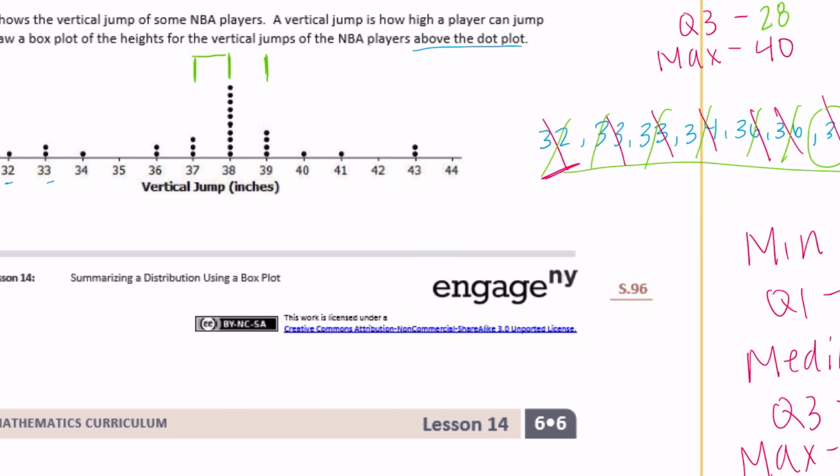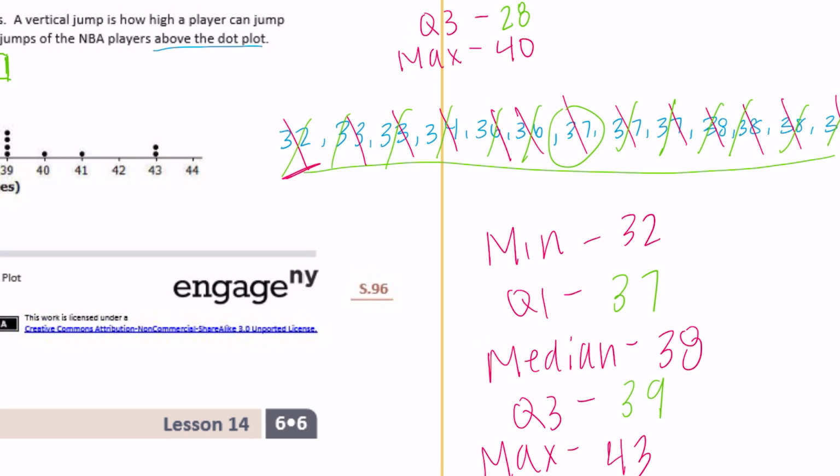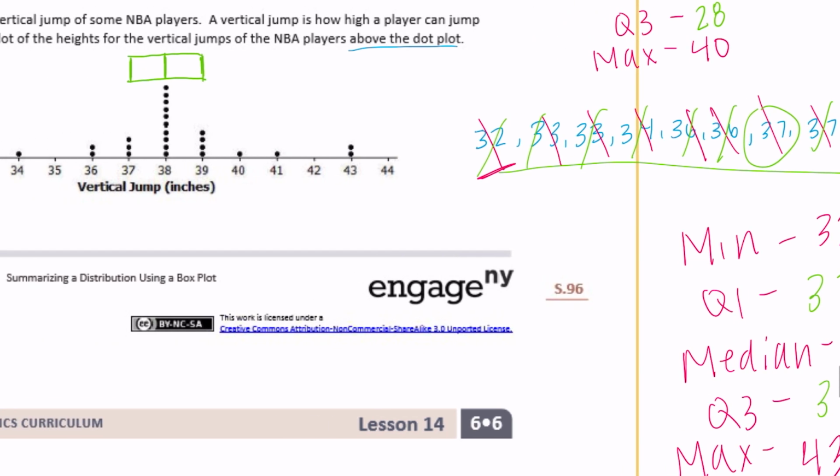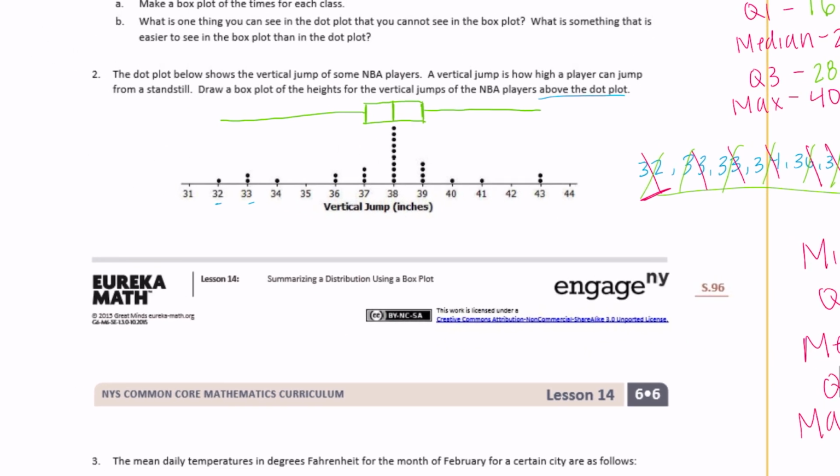So we can draw our box there. And then the minimum was 32, and the max is 43. So just draw it out to 43, and then down to 32. So there is our box plot of that data.